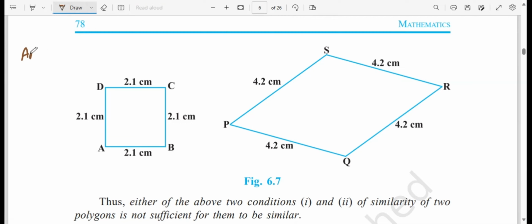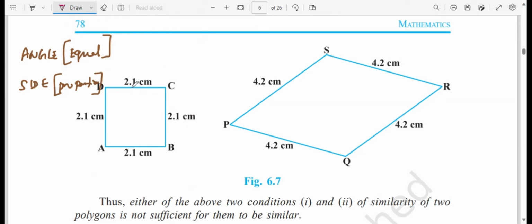The first criterion is the angle, and the second is the side. Please remember that angle means it is equal, side means it is proportional.